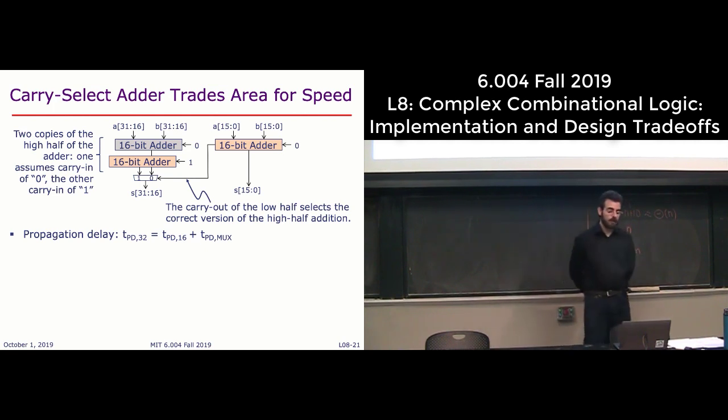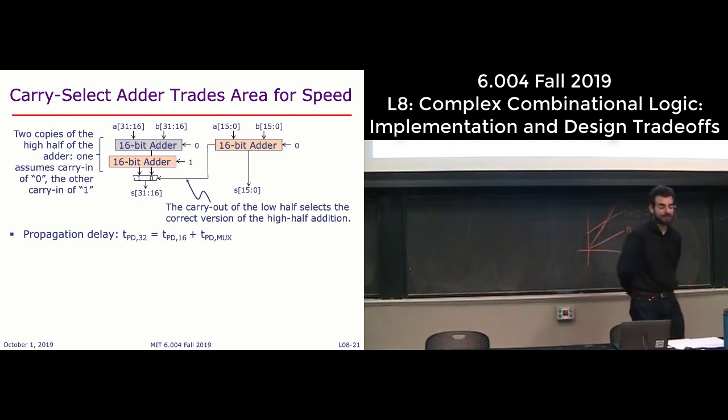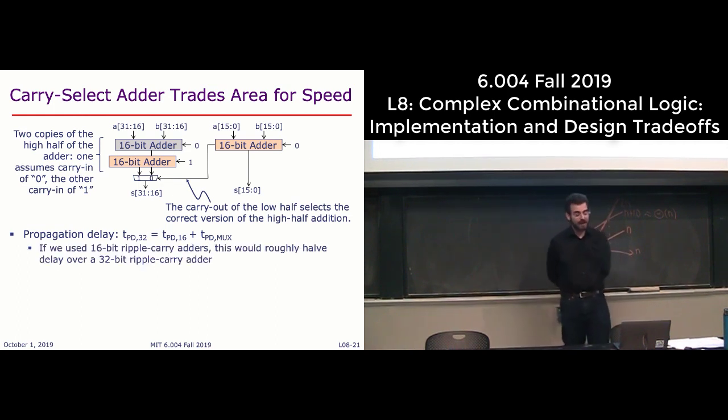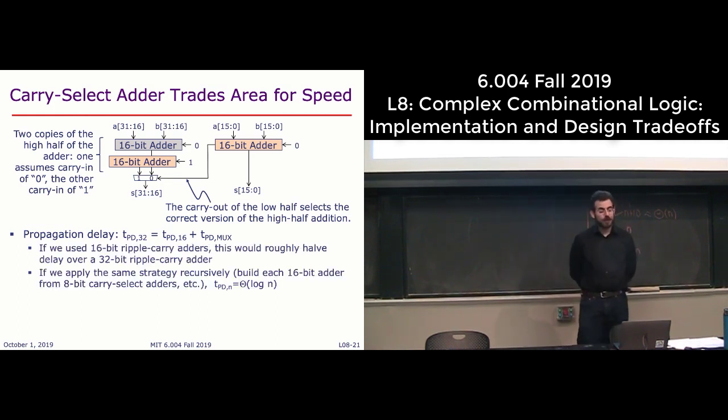Great. So you could say, okay, we'll do ripple carry adders here, right? And then we'll just cut the delay in half. But you could keep going, right? Note that this doesn't say a 16-bit ripple carry adder, it just says a 16-bit adder. So how you implement those adders is up to you. And in fact, you could apply the same strategy recursively, right? And build this 16-bit adder, and this 16-bit adder, and this 16-bit adder using a carry select adder. 8 plus 8.